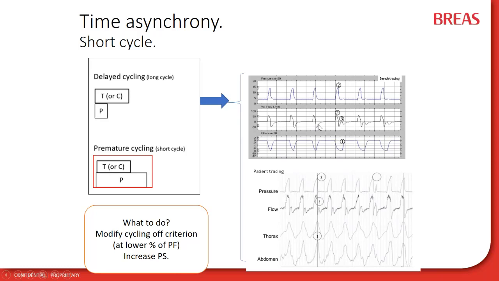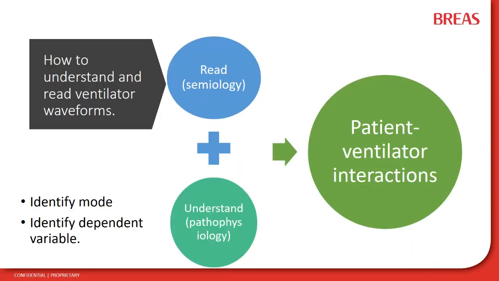In the expiratory waveform, you can see this small notch at the beginning of the expiratory phase, suggesting that the effort of the patient is really prolonged in these three cycles, or, for example, here in a clinical tracing. So what can we do? Modify the cycling criterion to a lower percentage of peak flow or even increase pressure support.